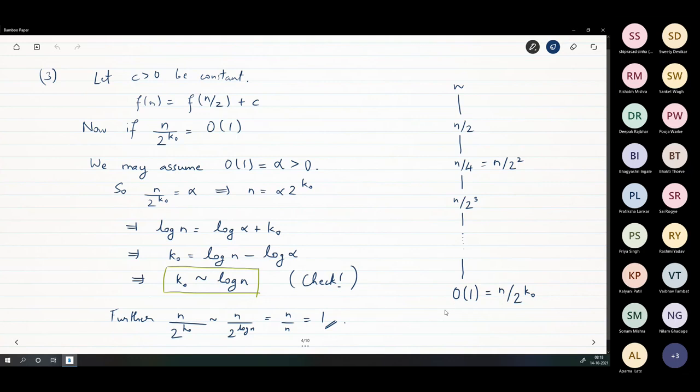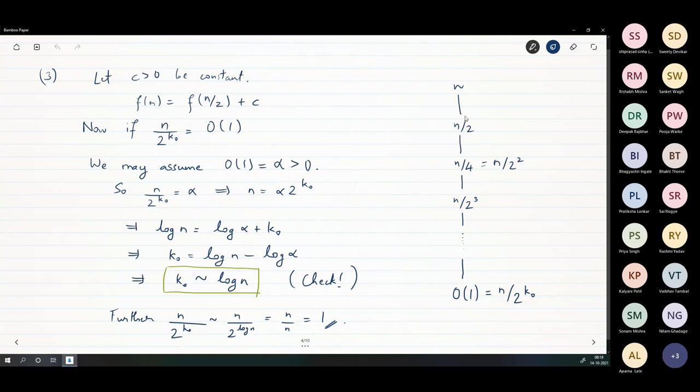We will assume that it is 1. It really doesn't make any difference if it's f of 2 or something. In general, it is f of something that is order 1. That is enough.